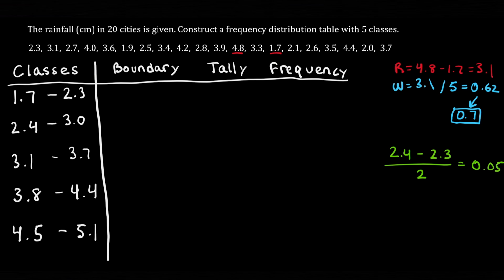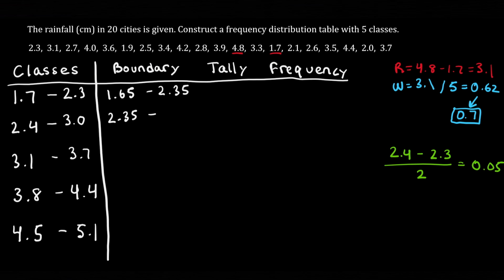Then take this number and subtract it from each lower bound and add it to each upper bound. So for the first class, we find that the boundary is 1.7 minus 0.05, which is 1.65. And then 2.3 plus 0.05, which is 2.35. For the second class, the lower bound is 2.4 minus 0.05, which is 2.35.